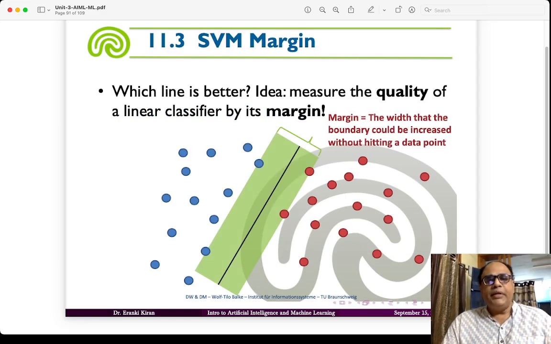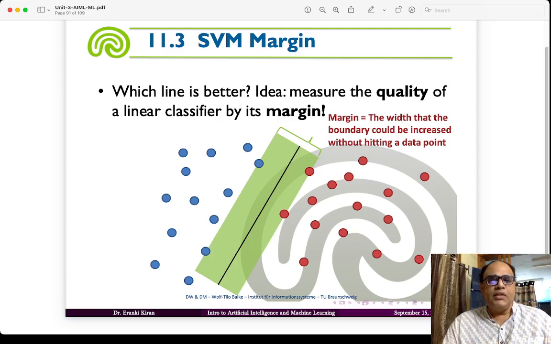So what line is better? Ideally, we measure the quality of a linear classifier by its margin. The margin is the width by which the boundary could be increased without hitting a data point. Considering that you want to set up a wall between the red and the blue data points, which data points fall on the boundary of this wall, the so-called hyperplane or maximum margin classifier?